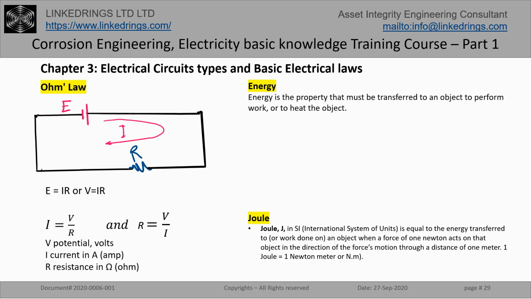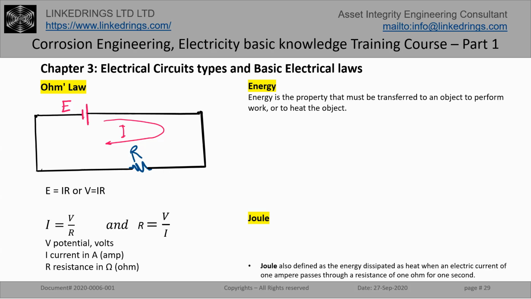So 1 Joule equals 1 Newton meter, or Nm. The Joule is also defined as the energy dissipated as heat when an electrical current of 1 ampere passes through a resistance of 1 ohm for 1 second. I must specify here the time, 1 second.